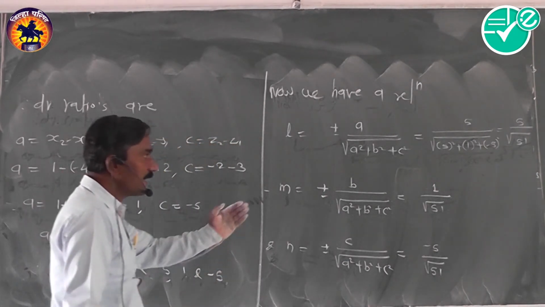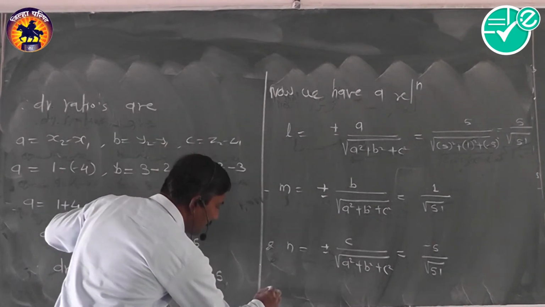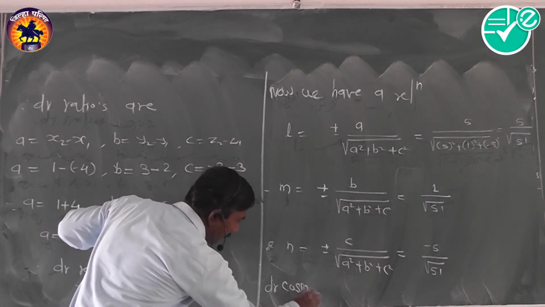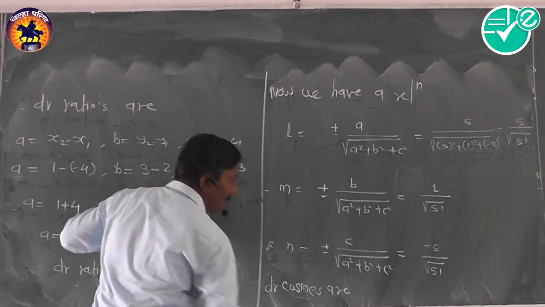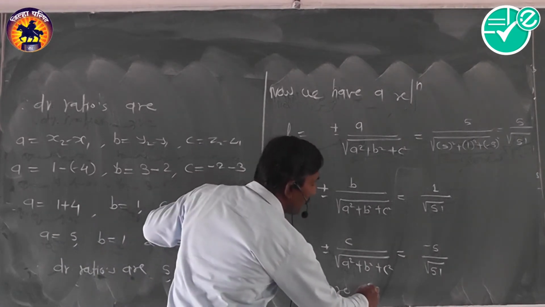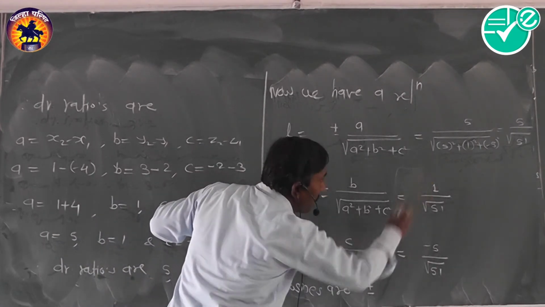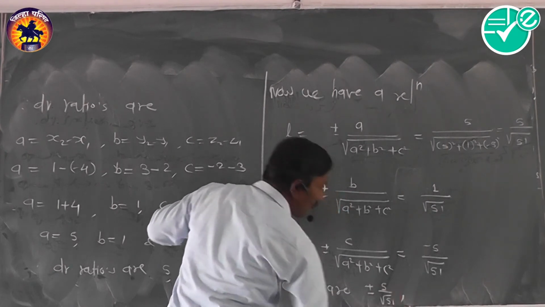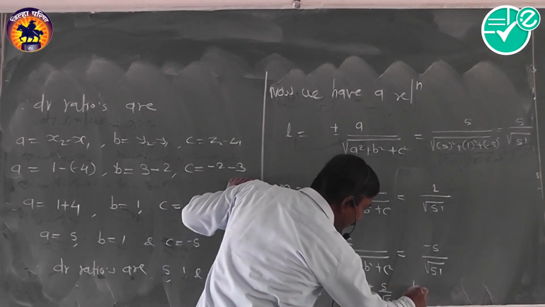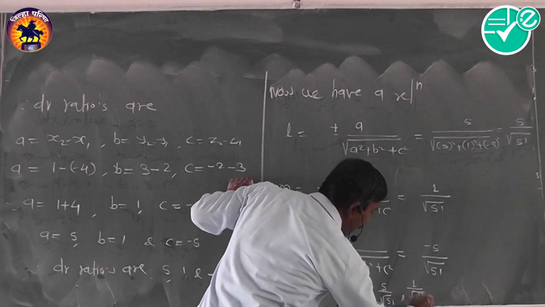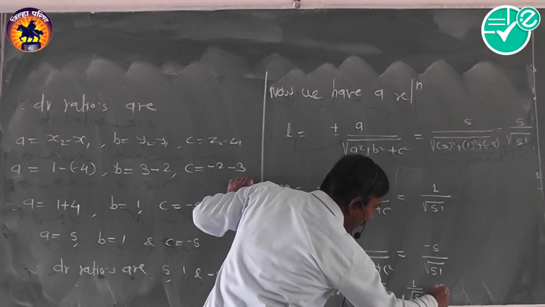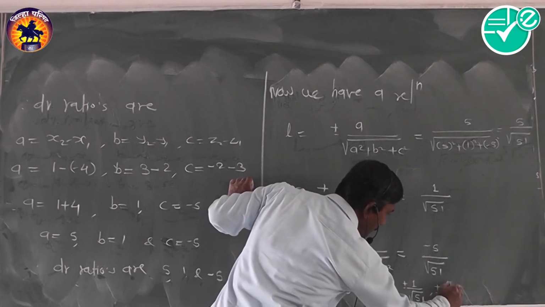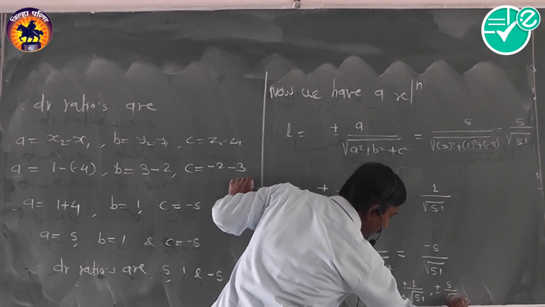So finally we can write the direction cosines are plus or minus 5 divided by under root 51, 1 divided by under root 51, and plus or minus 5 divided by under root 51.